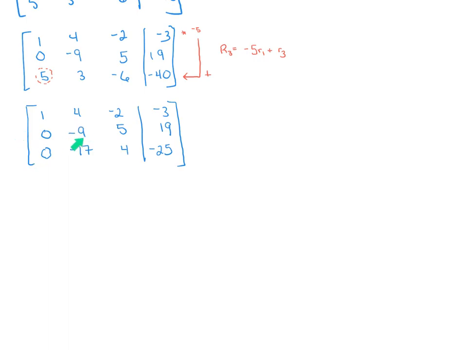Can we get this to be a 1? And the answer is yes. Let's multiply this row, row 2, by -1/9.